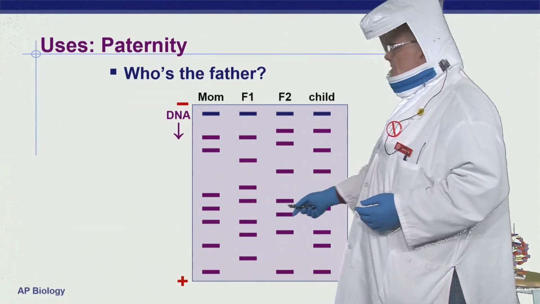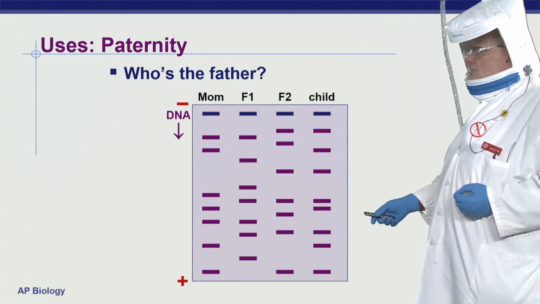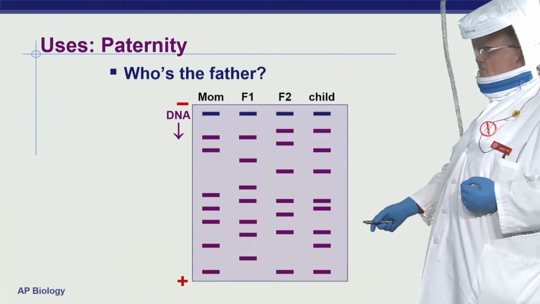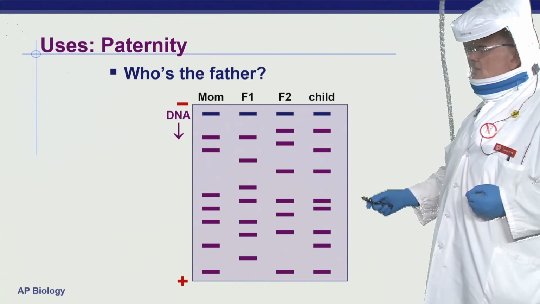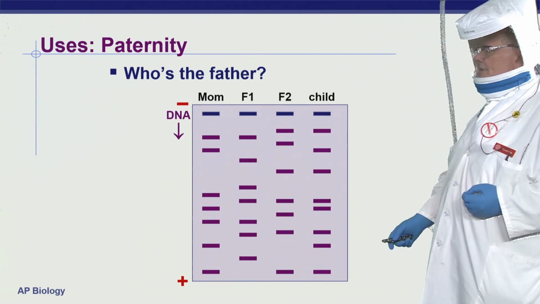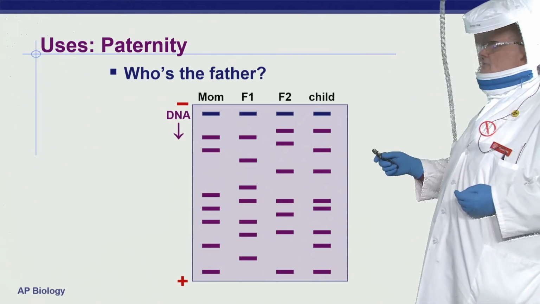So that's probably a section of DNA that came from the mother. So then you look at the others to see, is there any DNA in the child that was definitely not from the mother?